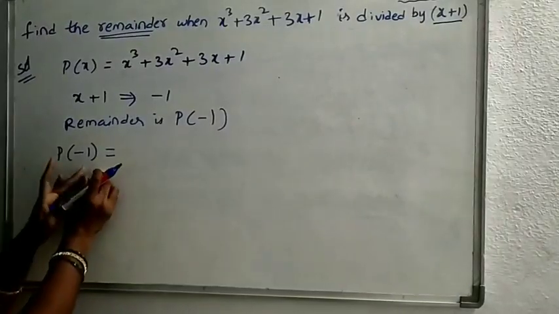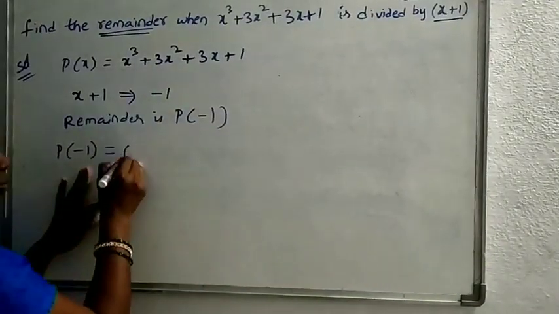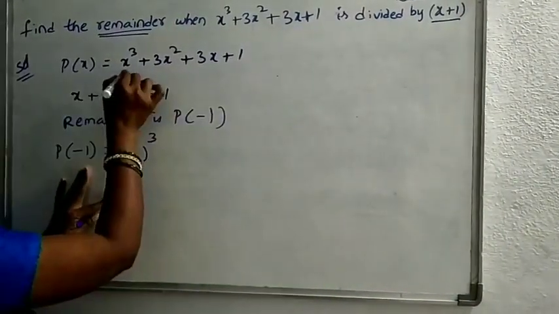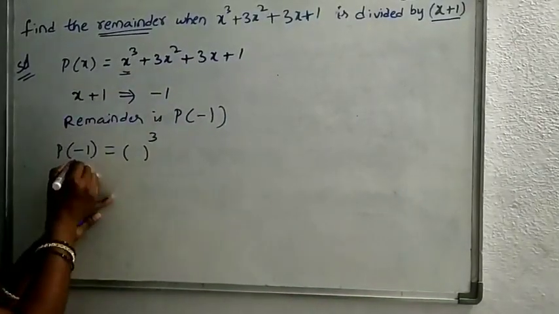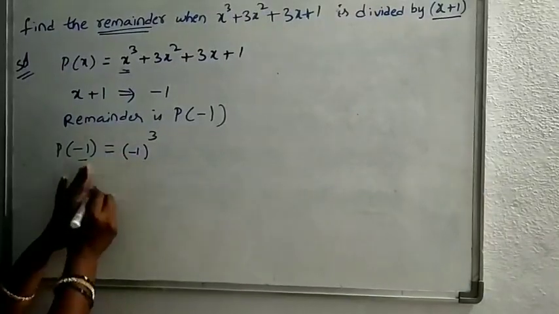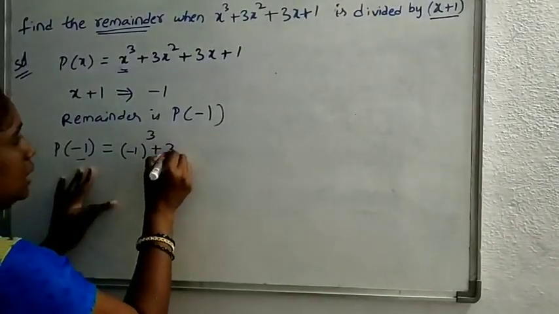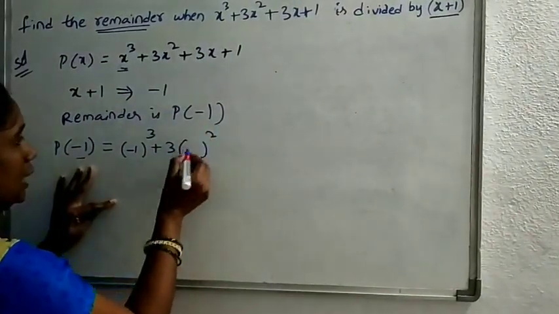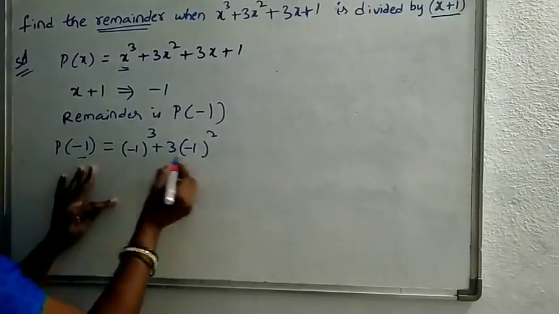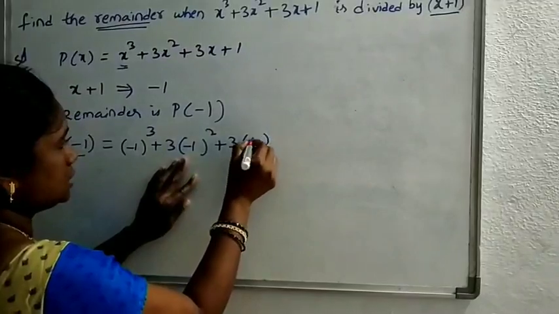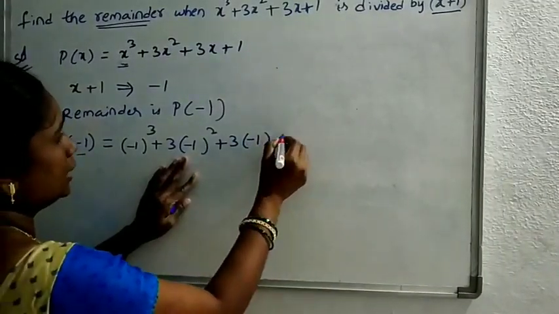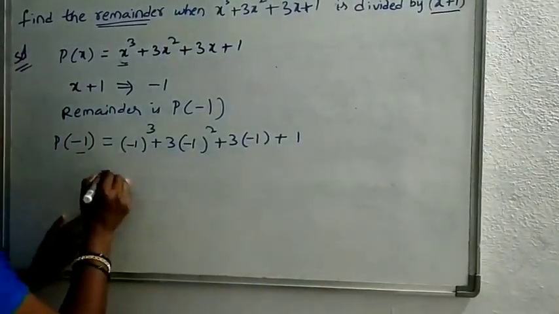How to find this? In the given polynomial, instead of the variable, what is the variable here? X. Instead of x, we have to write minus 1. Plus 3 into x square. In place of x, we have to write minus 1. Plus 3 into minus 1, plus 1.